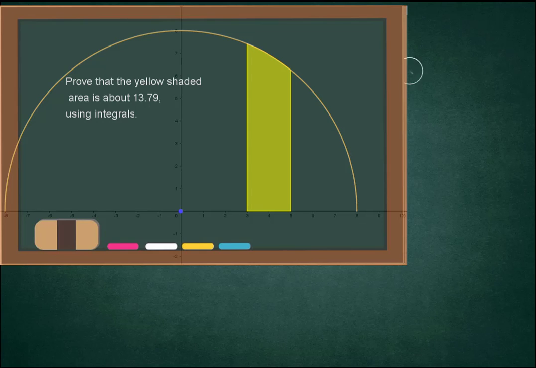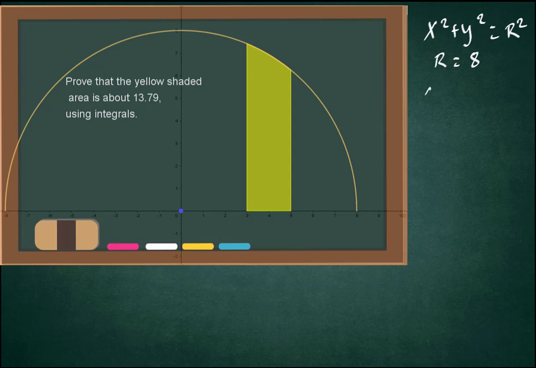If you look at the radius, if we count, the radius is 8, and we know that the general equation of a circle is x squared plus y squared is equal to r squared if it is centered at the origin 0, 0.